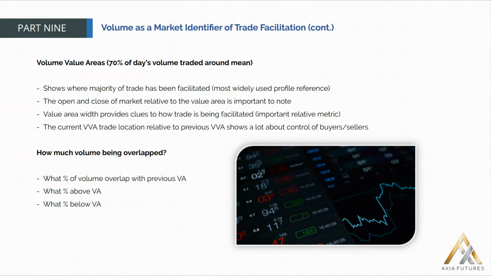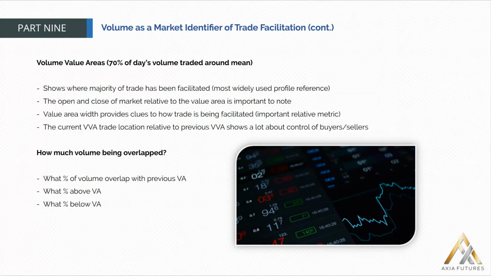Remember, it's all about the relative metric. So for instance, let's say currently over a period of 10 days, the value area's range is roughly 10 ticks. All of a sudden on day 11, we see a value area that does 25 ticks, so more than 2.5 times the current average. This tells us something quite exciting about the market. It tells us the potential for a pickup in volatility.